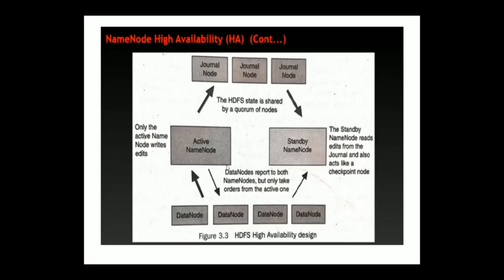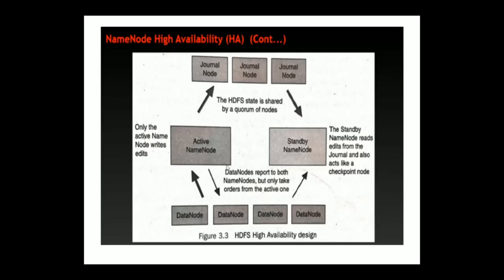You can see I have a standby node and one active node. At the first level there will be journal nodes, in between there will be the active node and standby node, and at the last you can see some data nodes.